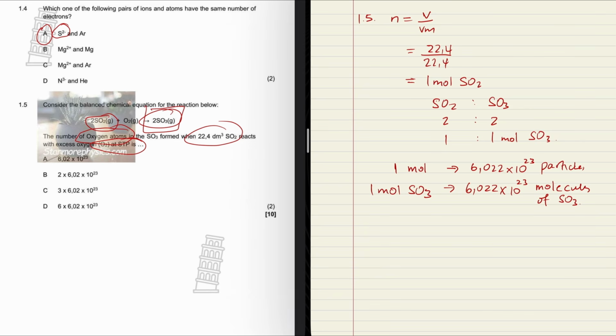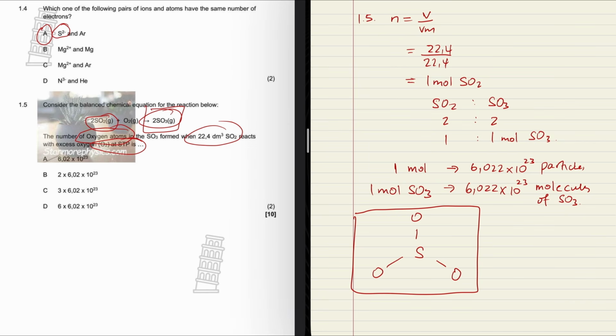But you need to be careful because the question is asking about atoms. Now, in one molecule, so if you think about SO3, S, and then you have an oxygen, an oxygen, an oxygen. One molecule of SO3 has 3 atoms of oxygen.